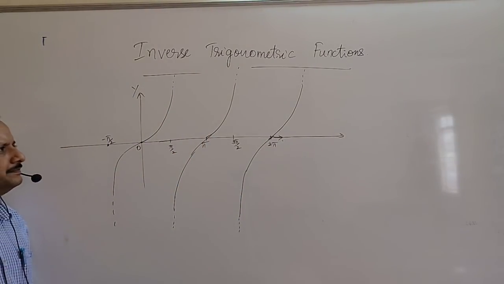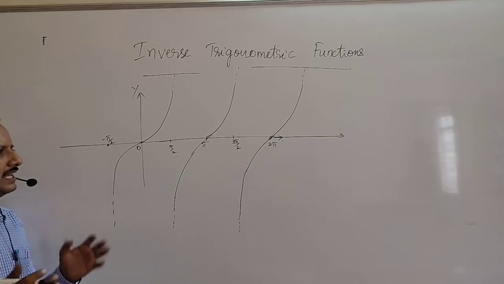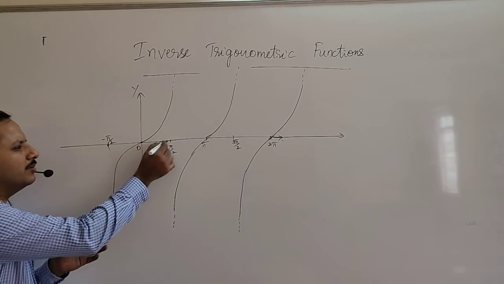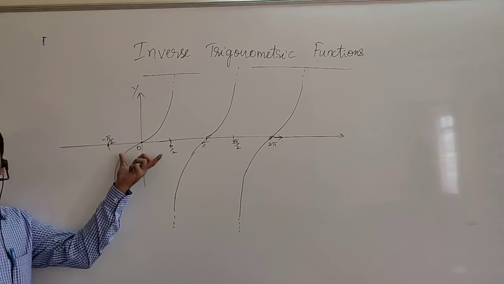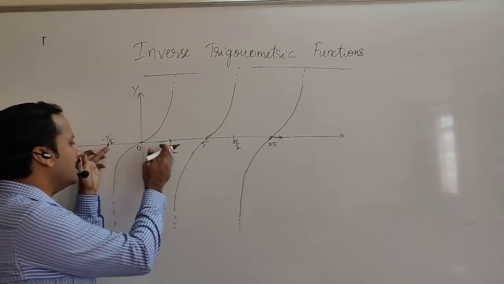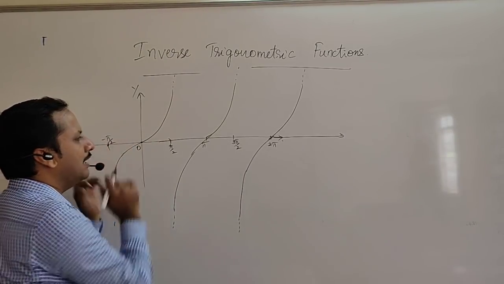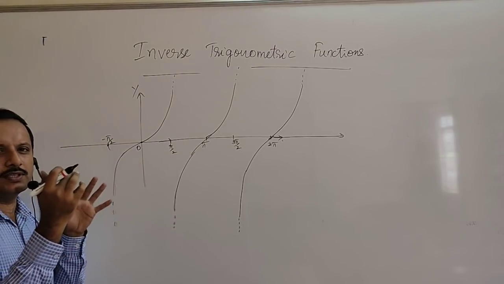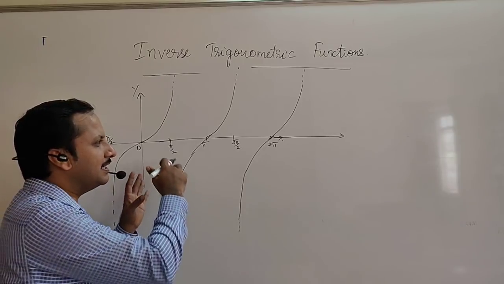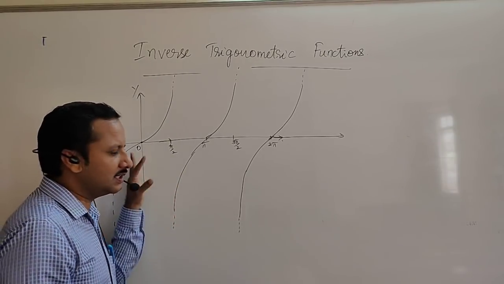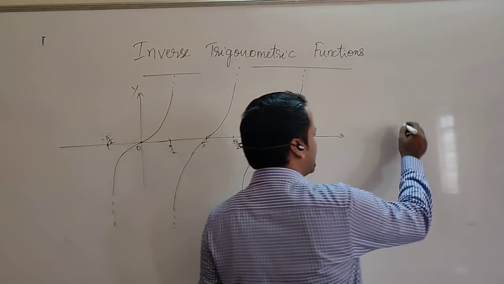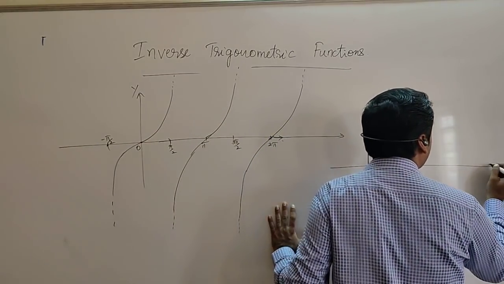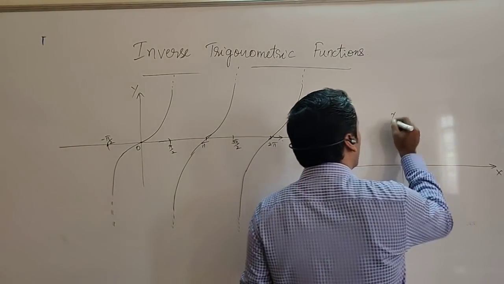Now here, to define tan inverse x, we have restricted the domain to the open interval minus pi by 2 to pi by 2. Now I want to draw the graph of tan inverse x. The easiest method available is to interchange the x and y axis. If we interchange x and y axis, this is what we get.